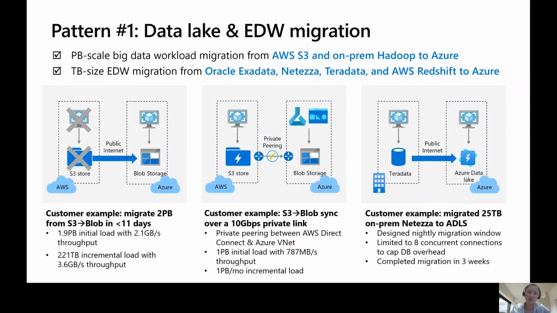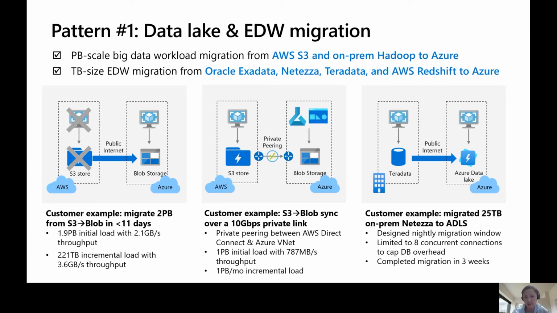The first pattern I want to talk to you about is data lake and enterprise data warehouse migration. Oftentimes, customers do not start from scratch when they build cloud analytics workload in Azure. They oftentimes start with an existing data lake on AWS S3 or an on-prem Hadoop ecosystem.